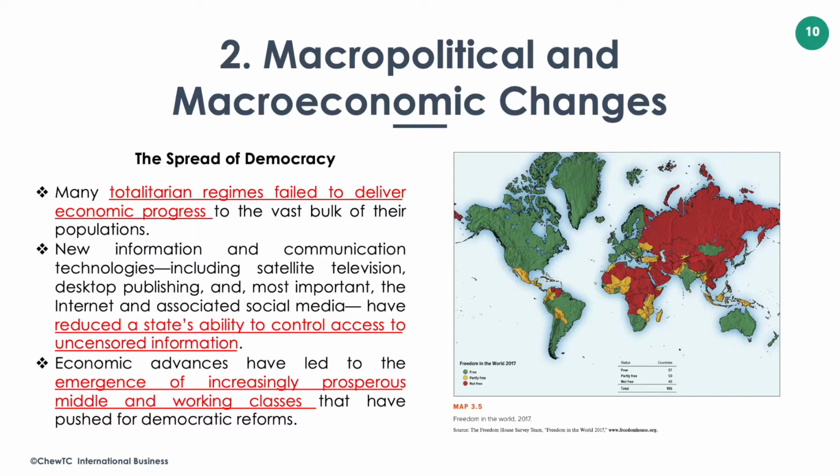This map charts political freedom in 2017, grouping countries into three broad groups: free, partly free, and not free. In free countries, citizens enjoy a high degree of political and civil freedoms.